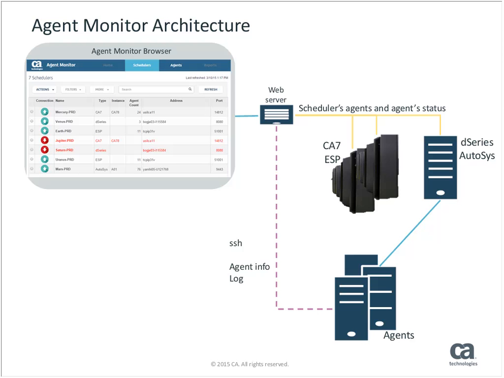The one challenge that we've had is that not all the engines collect the same kind of information, and in some cases there are some gaps. Some engines collect more and some engines collect less. Because this is designed for all of our CA engines, you may see some differences in the way the information is displayed.